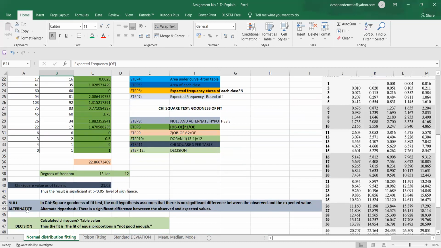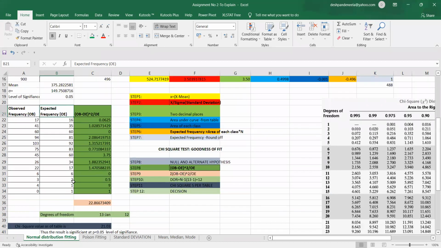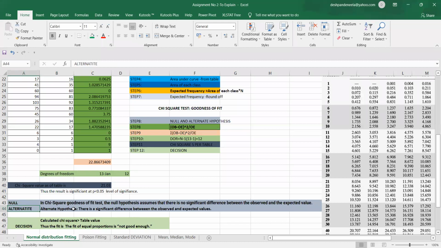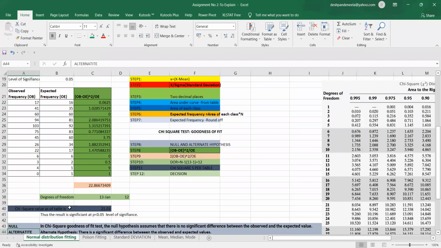And of course, my alternate hypothesis will be that there is a significant difference between the observed and the expected value. Now you have to test whether you are going to accept the null hypothesis or reject it, through your chi-square test.